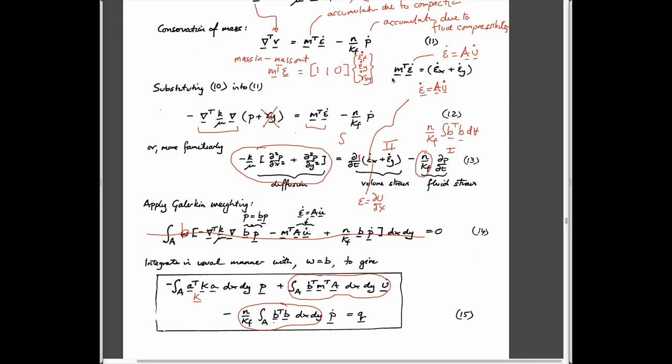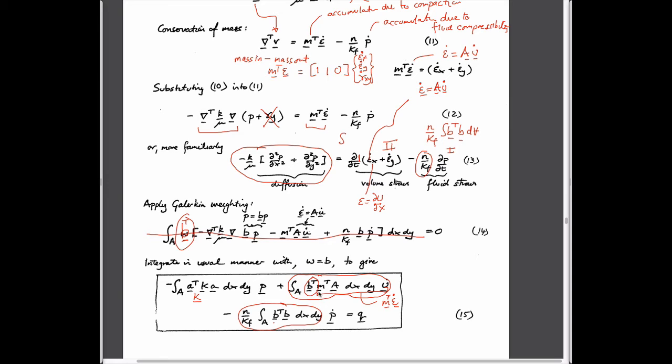So if we substitute into this, if we pre-multiply by this factor here, B transpose, which is this weighting function, which I scribbled out, this whole term here is M transpose epsilon dot.